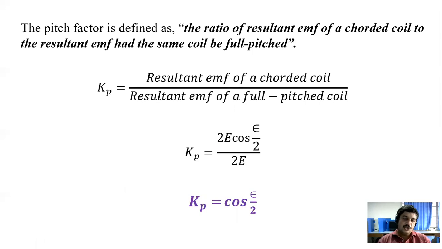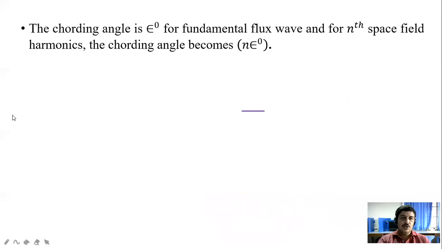Now this particular expression is valid for the fundamental frequency wave. If the signal is of harmonic or nth harmonic frequency, then there is a change in the chording angle. So the chording angle epsilon for the fundamental frequency wave, and for the nth space harmonic frequency waves, that chording angle is equal to n epsilon, where n is the order of the harmonic. For the third harmonic, n is equal to 3, for the fifth harmonic, n is equal to 5, and so on.